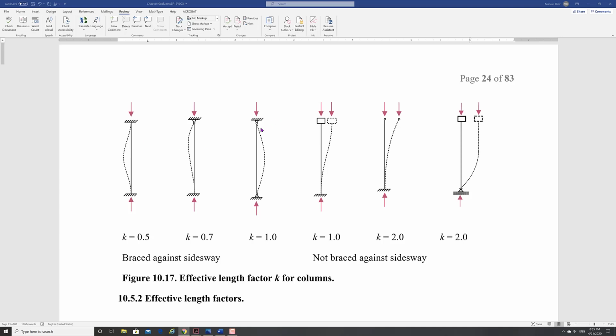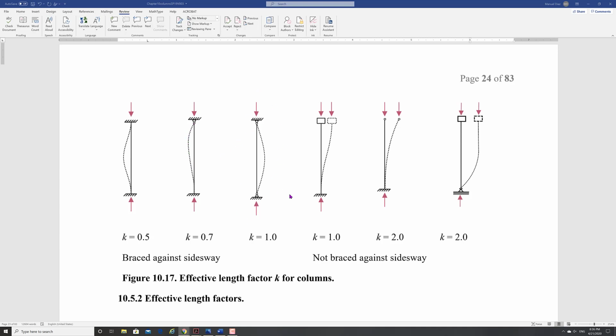We're trying to make all of these equivalent to this one, pin and pin. So for this one to be equivalent to that, the buckling length is only half of the beam. For a beam that has a pin and a fixed end, the value is 0.7. So someplace from here to here is the equivalent to a pin-pin connection.